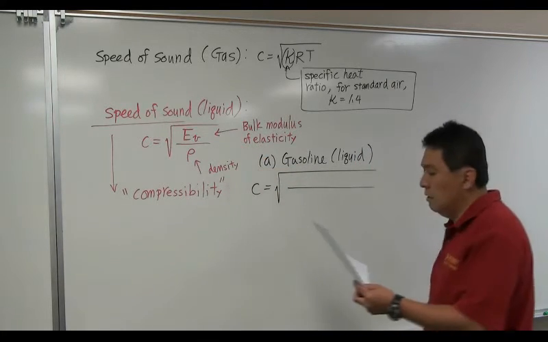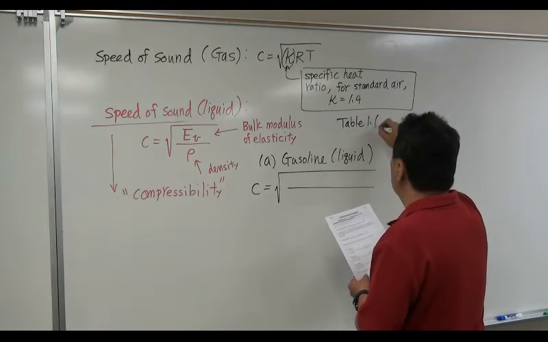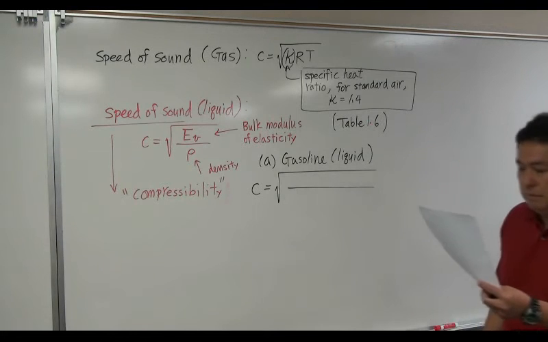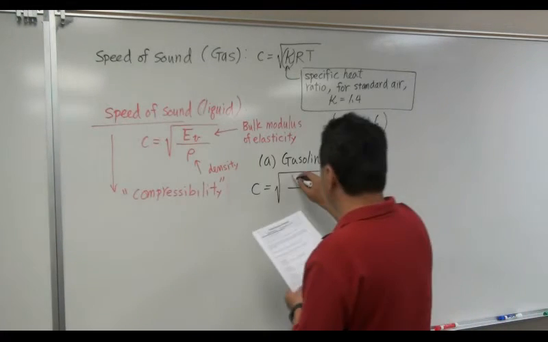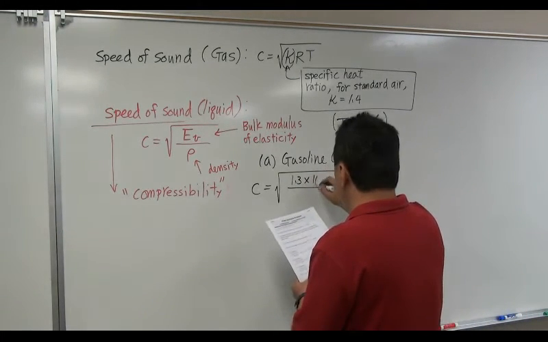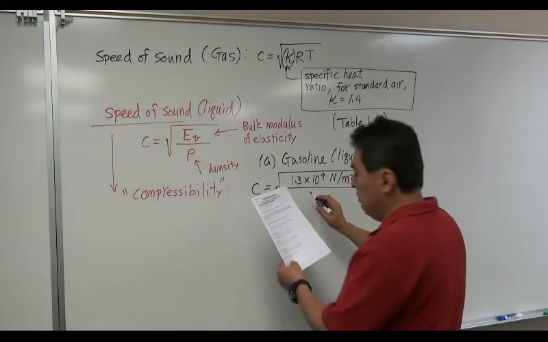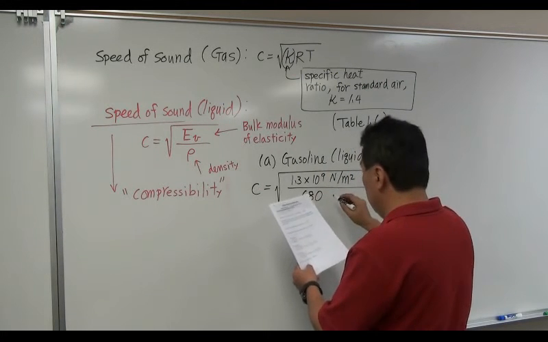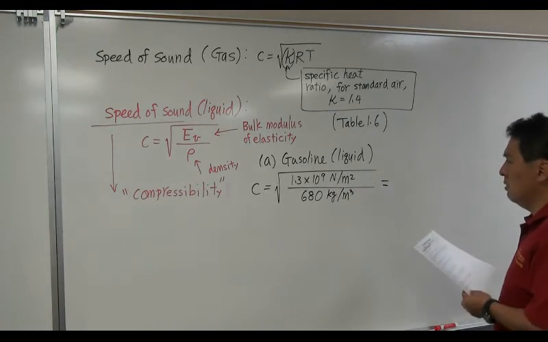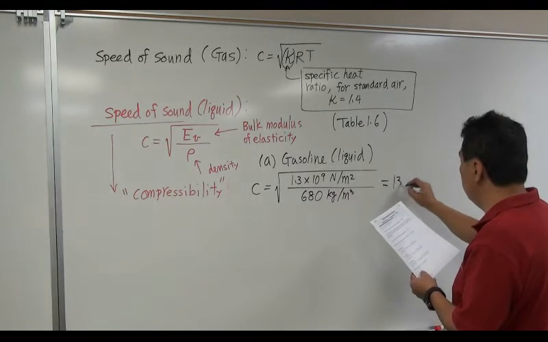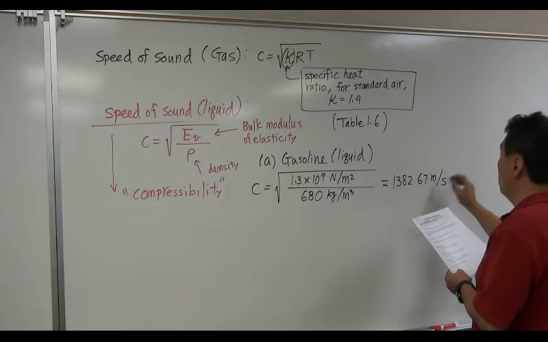So if you take a look at the property table, table 1.6, which is again in the handout, you can determine the bulk modulus of elasticity of gasoline, which is 1.3 times 10 to the 9 Newton per meter squared, divided by the density of gasoline for a given room temperature, which is 680 kilograms per cubic meter. If you punch those numbers in, you get 1,382.67 meters per second. Okay.